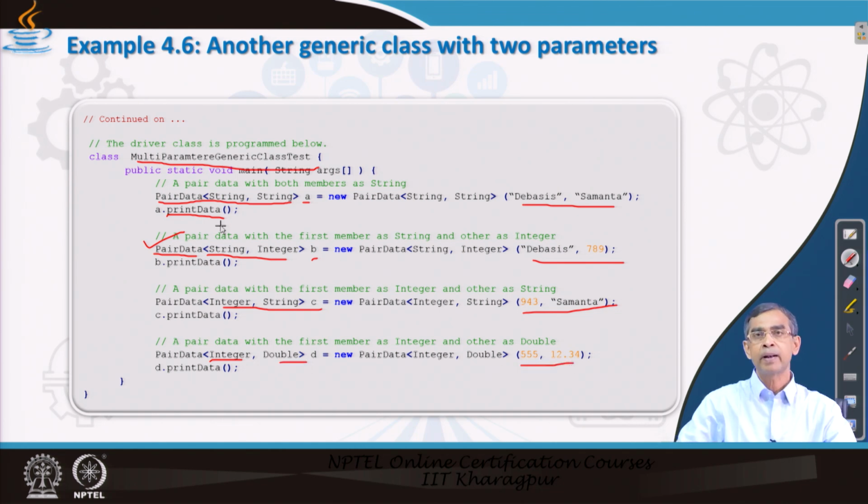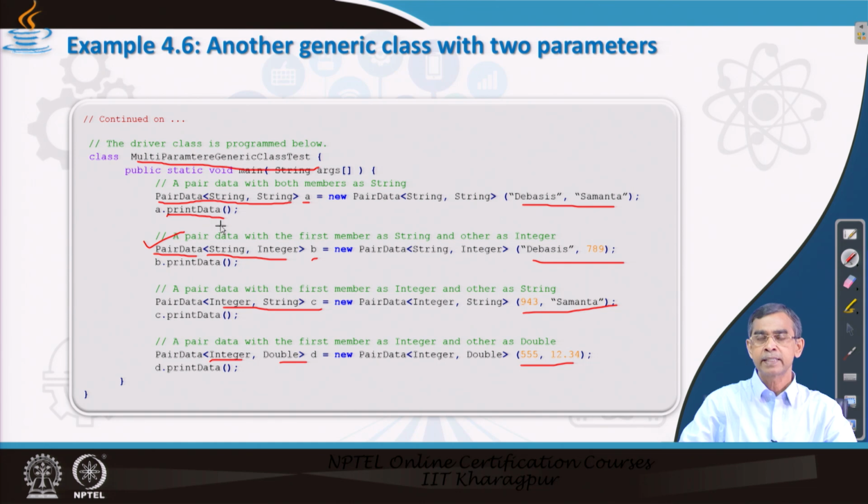So, what we have done here: the generic class that we have declared as PairData for two types of elements can be executed at the time of running, that means dynamically passing different values.